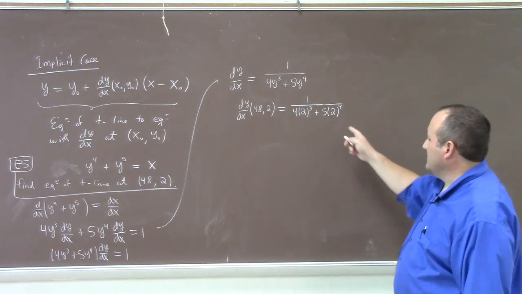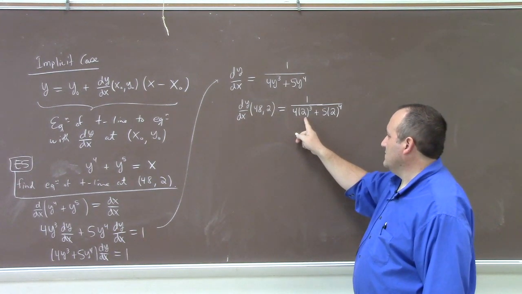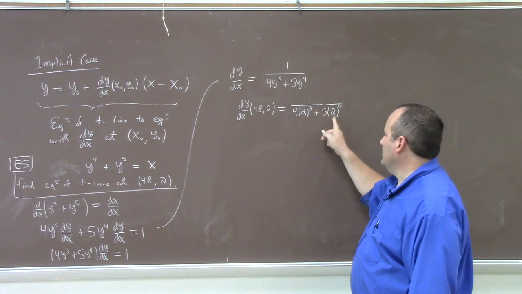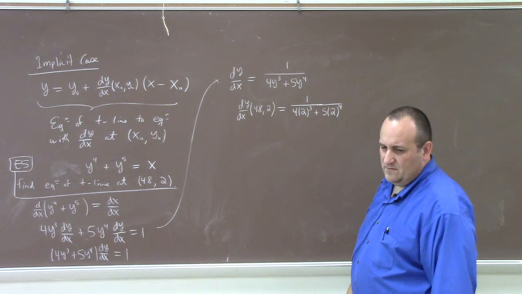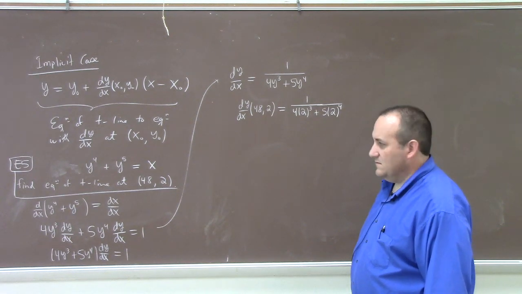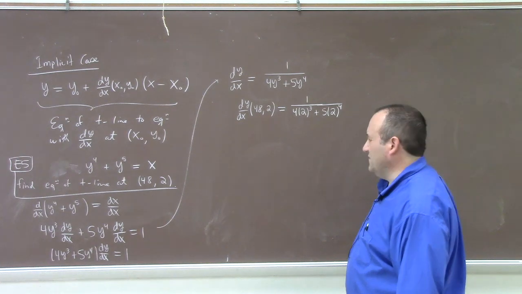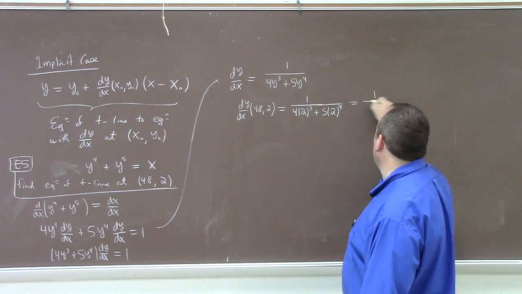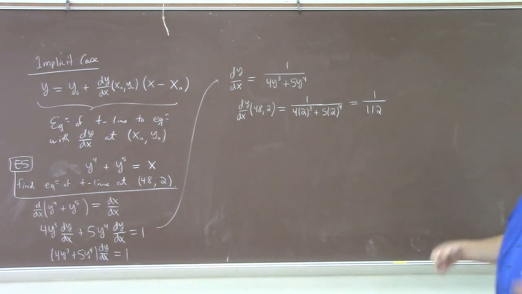And what is that? That's 8. 4 times 8 is 32. 5 times 16 is 80. 80 plus 32 is 112, I guess, if I can do arithmetic. So that's the slope of the tangent line.